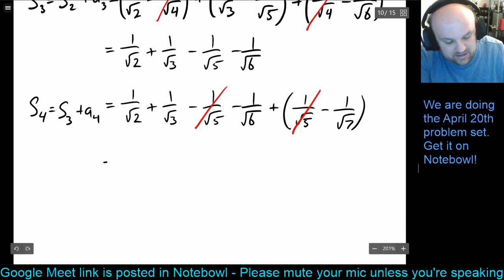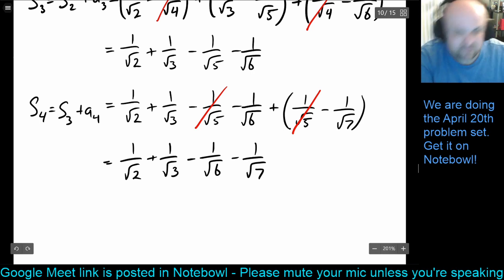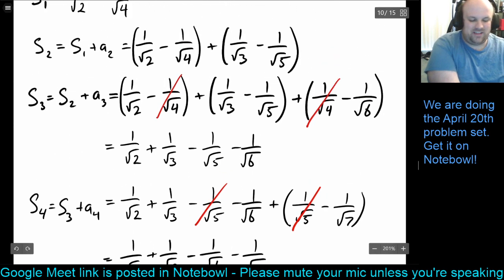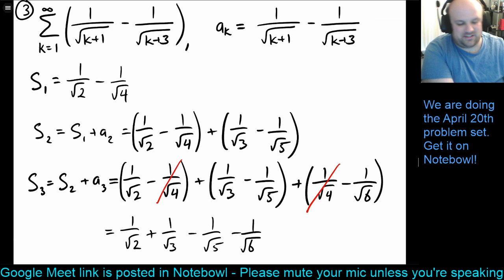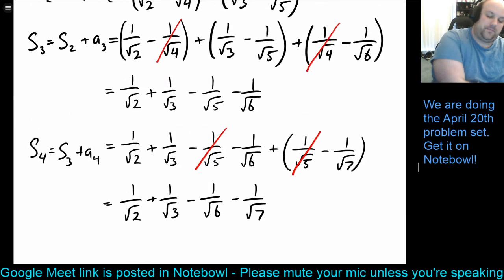So we have 1 over square root of 2 plus 1 over square root of 3 minus 1 over square root of 6 minus 1 over square root of 7. This pattern would have shown up a lot quicker if I had used plus 2 instead of plus 3 here, but it's fine. So now we see S4.